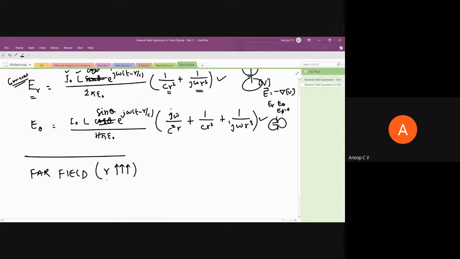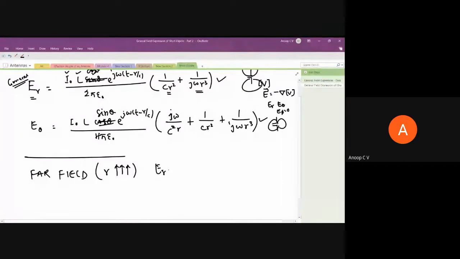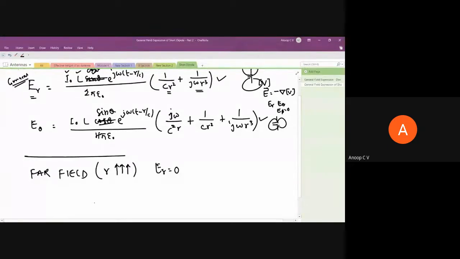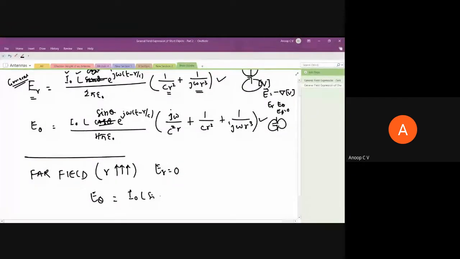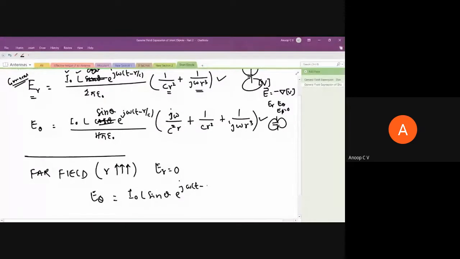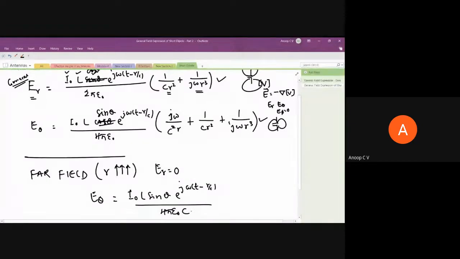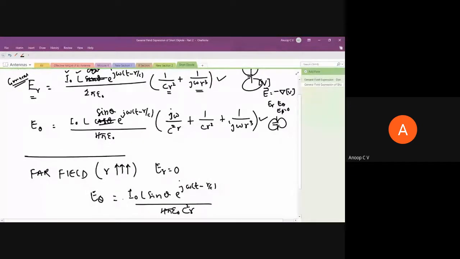So E_r will be equal to 0 in the far field, and E_theta will be equal to I naught L sine theta e power j omega (t minus r by c), divided by 4 pi epsilon naught c square r, and also there should be a j omega.